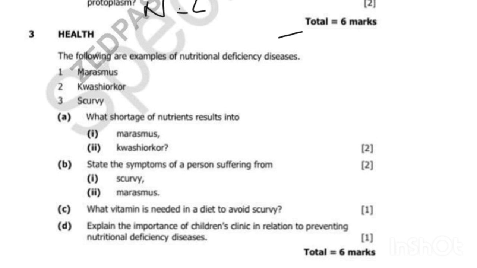We have proteins, we have carbohydrates, we have fats. So these are the nutrition deficiencies that can cause marasmus. What of kwashiorkor? So kwashiorkor, the main nutritional deficiency is protein.